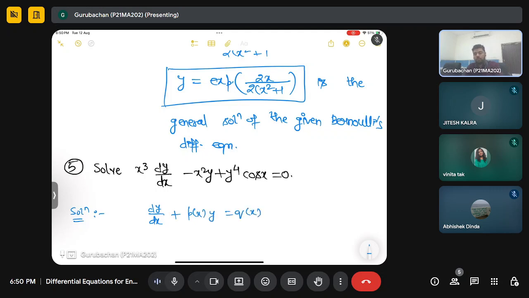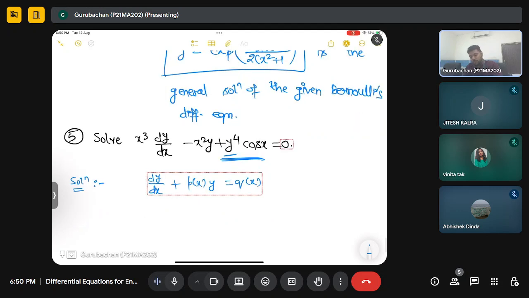So if you observe here that this term contains y, therefore it is itself giving you a hint that you need to remove this y from this term. So you need to divide this whole equation by y to the power 4 and by x to the power 3 also.